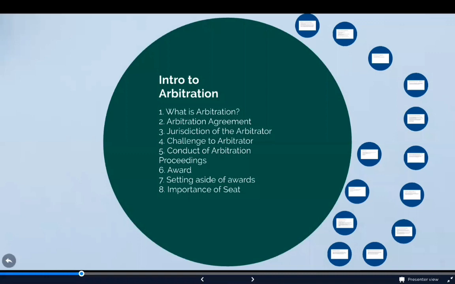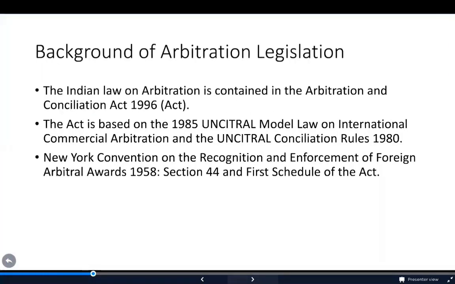So let's go to the next part with respect to the arbitration agreement. Before that, we need to look at what are the legislations in India which govern arbitration. The foremost and most important law on this subject is the Indian Arbitration and Conciliation Act 1996. This Act was adopted in 1996, and it referred to the 1985 UNCITRAL Model Law.